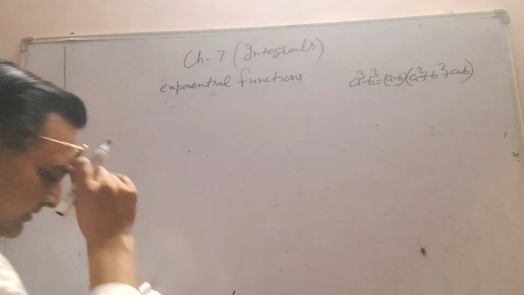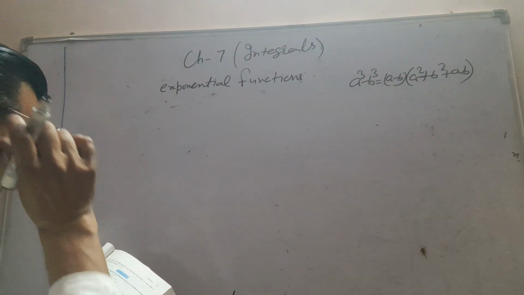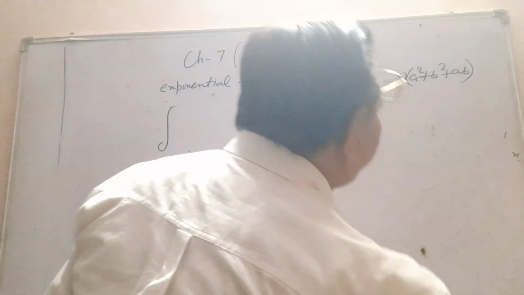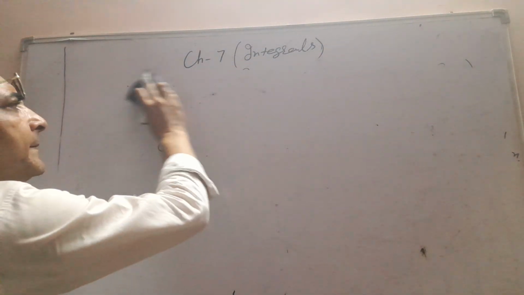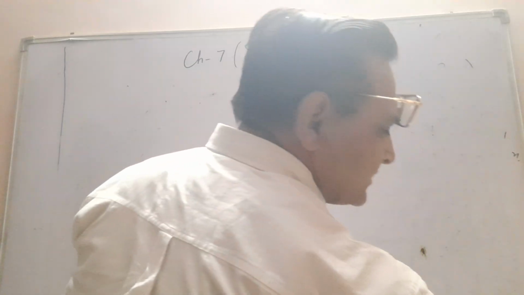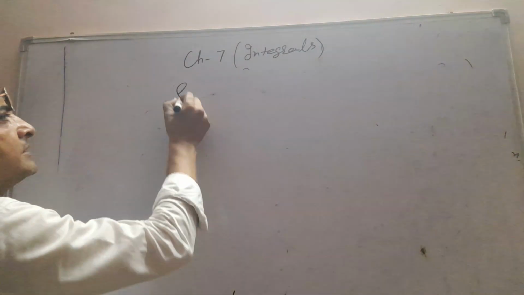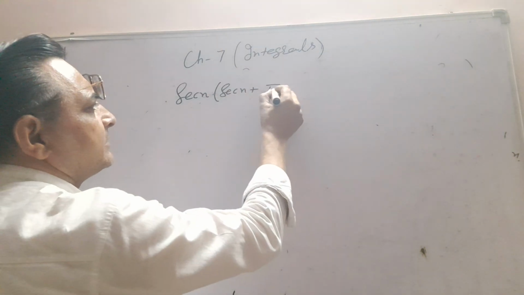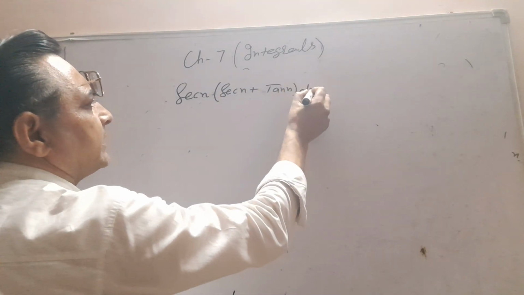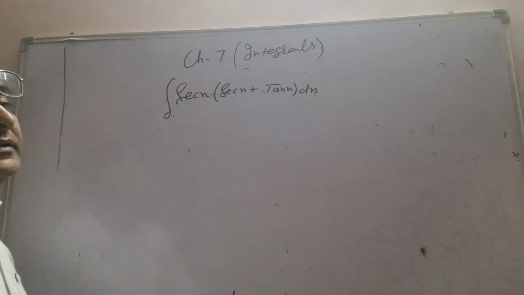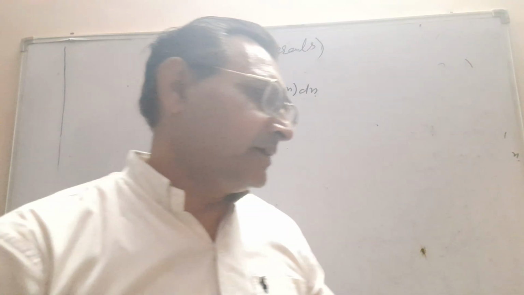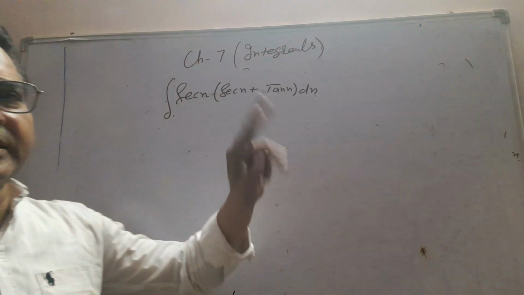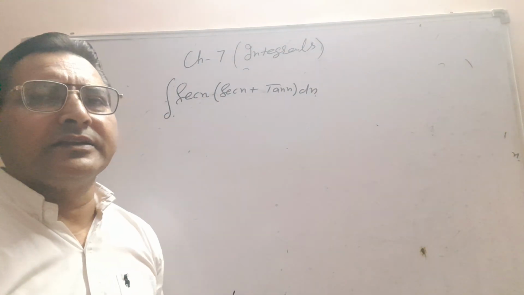Now there is a question from exercise 7.1: integral of secant x into secant x plus tan x into dx. You don't know the integration of secant x, but you know the integration of secant square x.